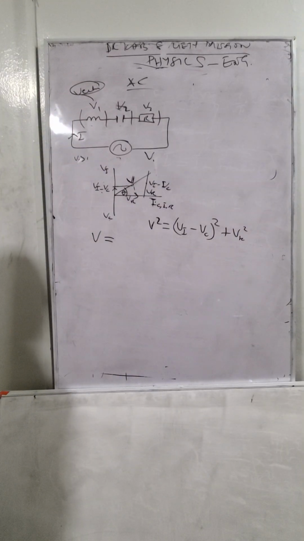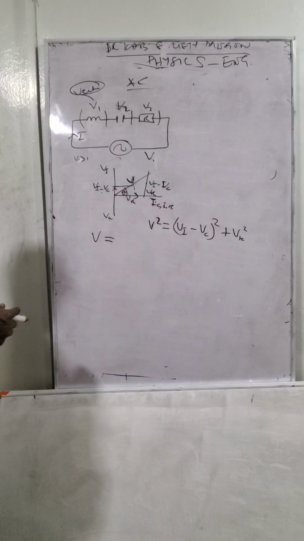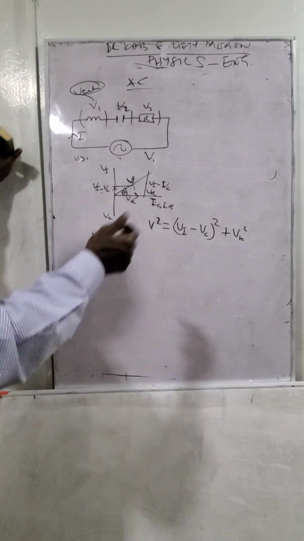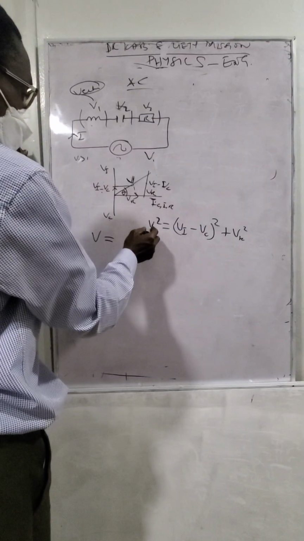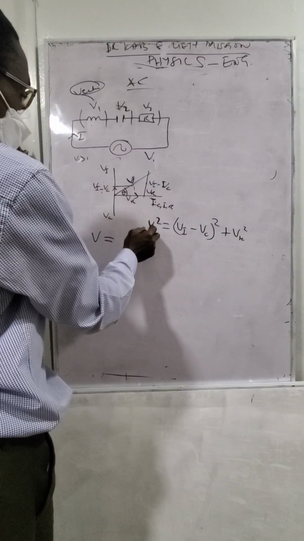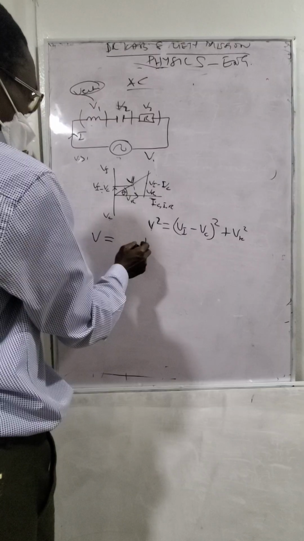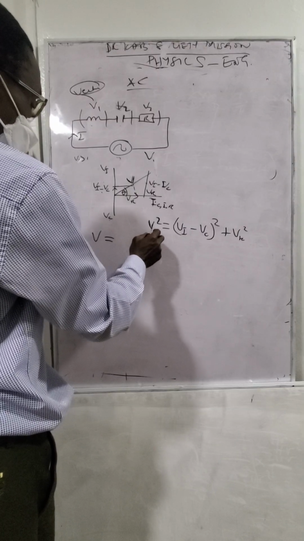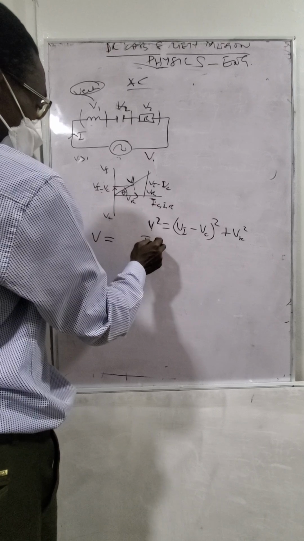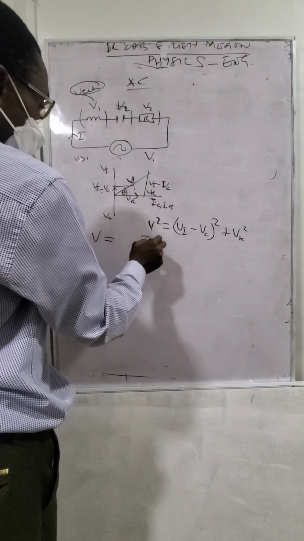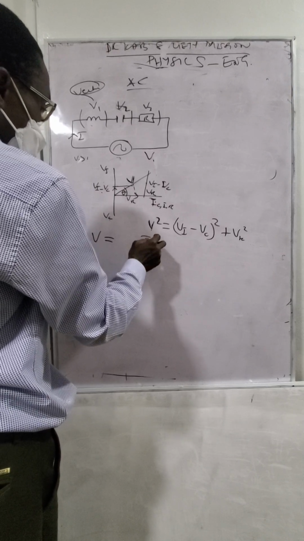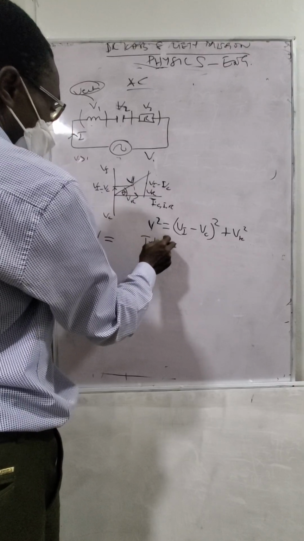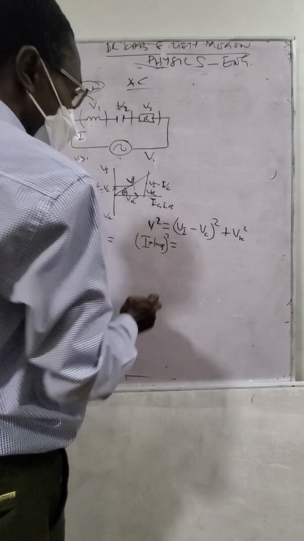Now, when we have this expression, we can put the values in there. The same current will be through it, and the resistance will be the overall impedance, so impedance times current.